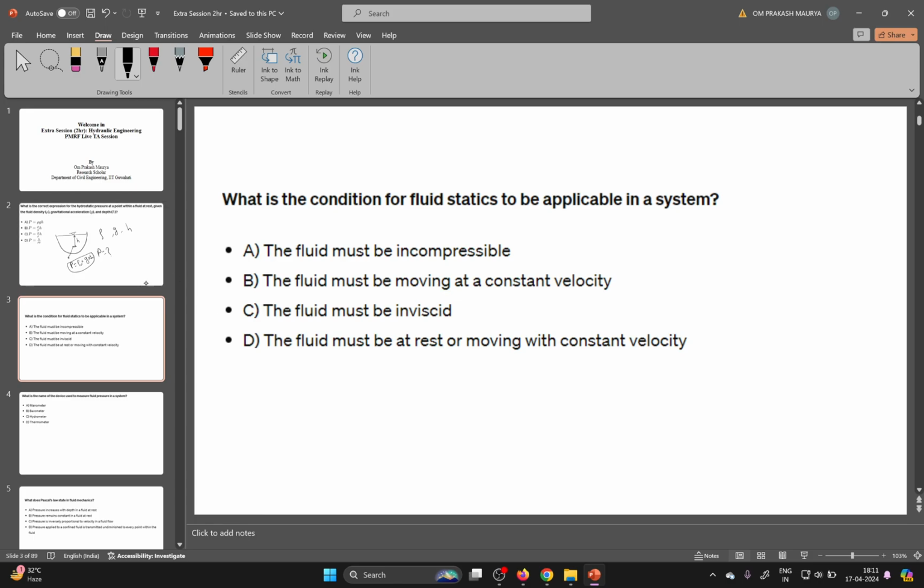Now moving ahead to the next question. What is the condition for fluid statics to be applicable in a system? Fluid statics we are talking about here. Option A, a fluid must be incompressible. Option B, a fluid must be moving at a constant velocity. Option C, a fluid must be inviscid. Option D, a fluid must be at rest or moving with a constant velocity.